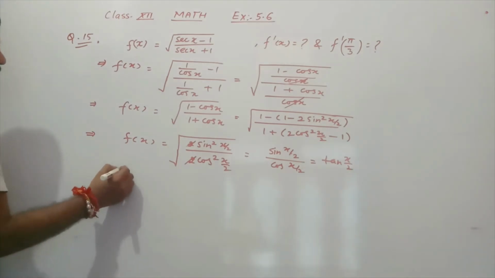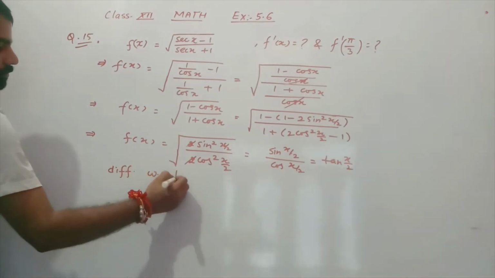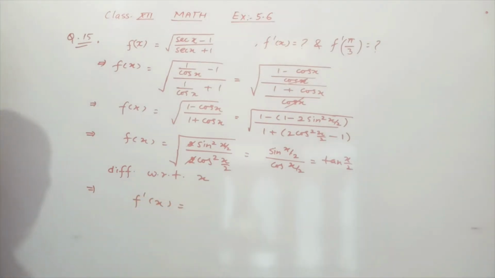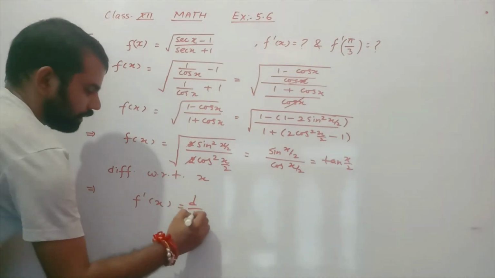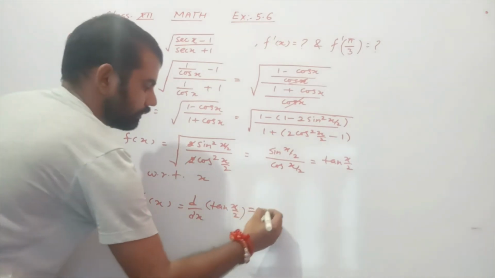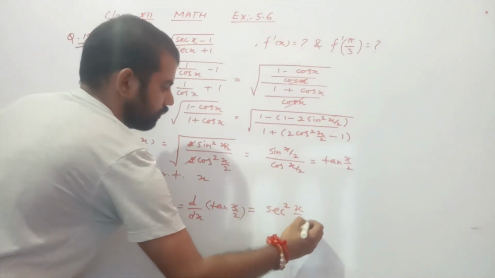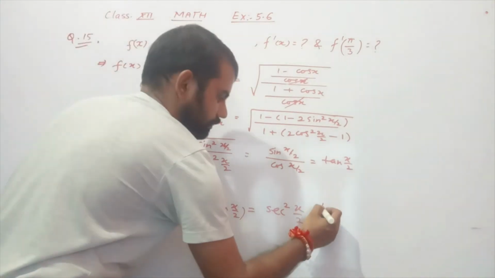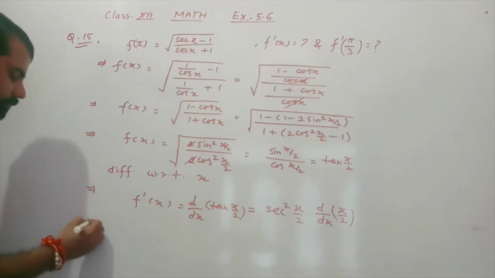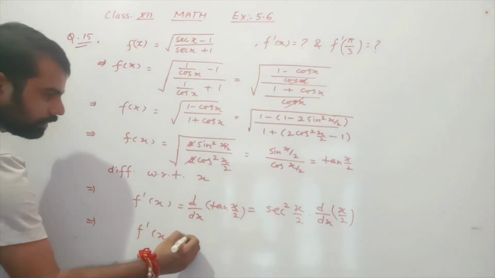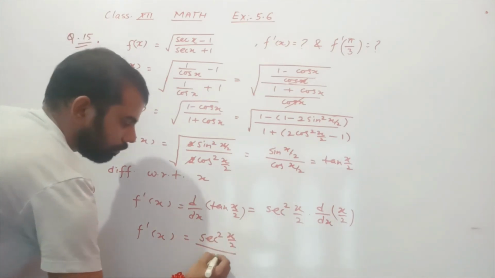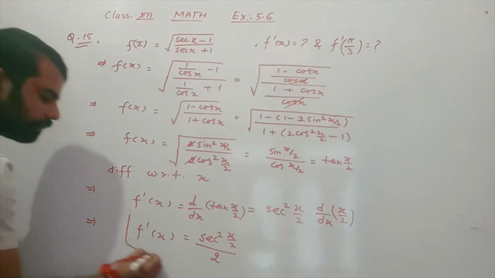Now differentiating with respect to x, then f dash x will be the differentiation of tan x, which is sec square x, again the differentiation of x upon 2, which will be 1 upon 2. So f dash x is equal to sec square x upon 2 upon 2. This is the answer.